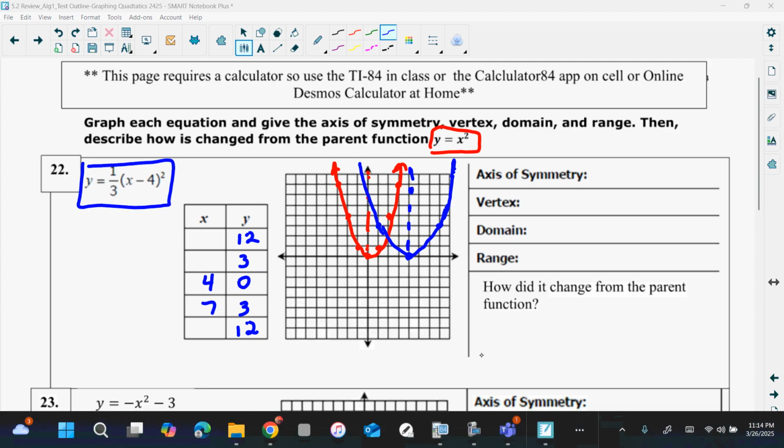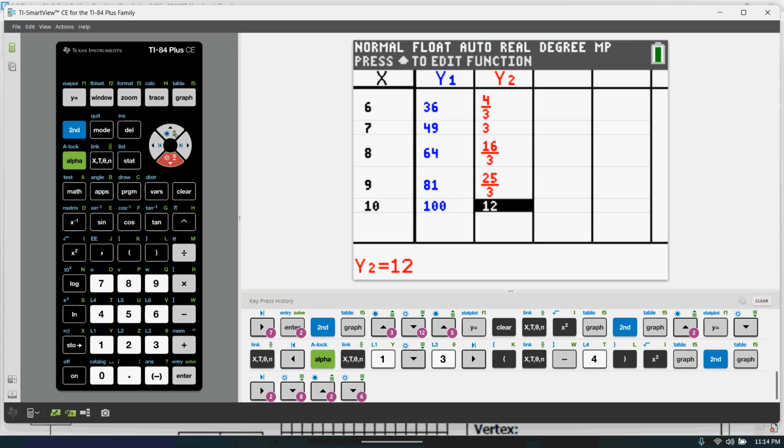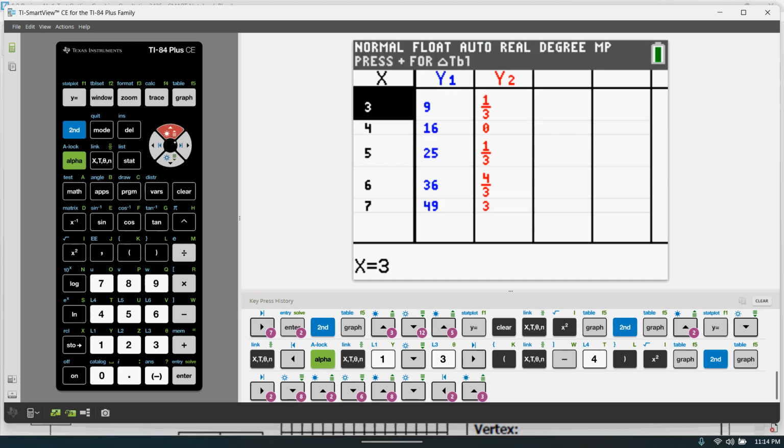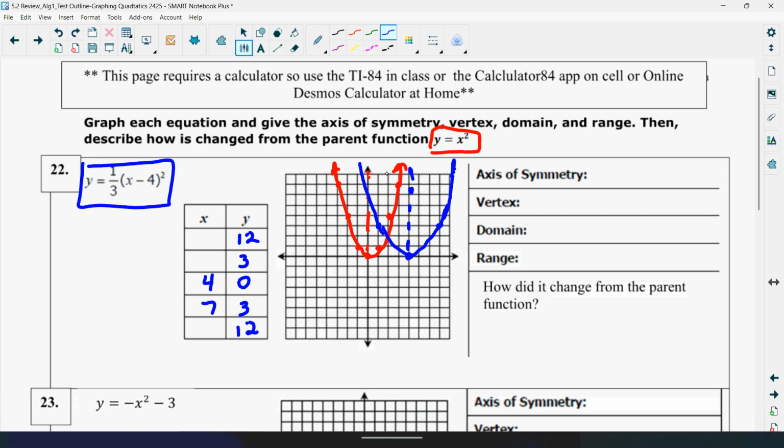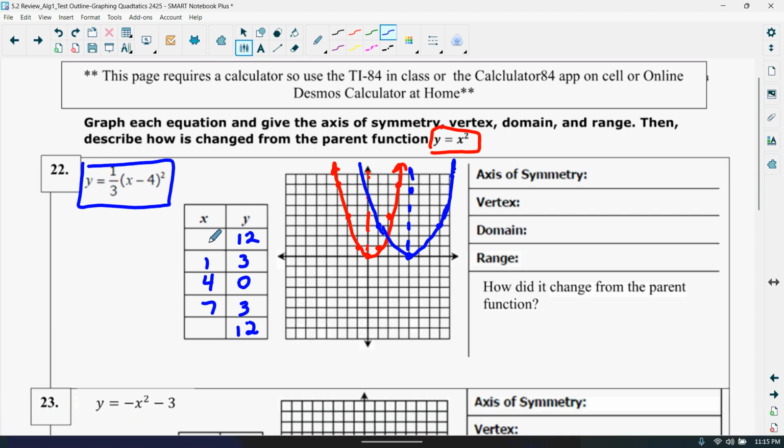I'm going to double check with the table. If I go up, oops, come over, sorry, I've got to go up on the x. There's a vertex, and then it is 1, 3, and then -2. Okay, so I was right. So this is 1, this is -2, and this is at 10.